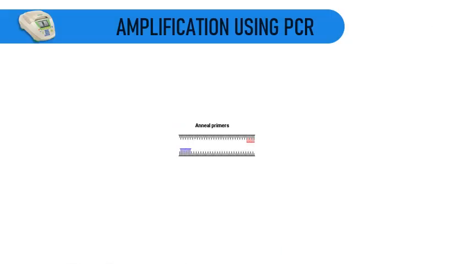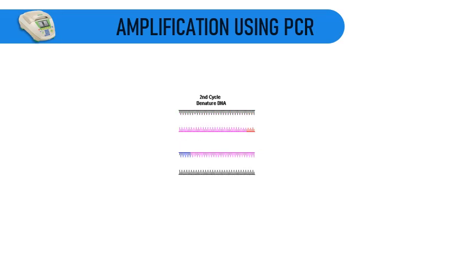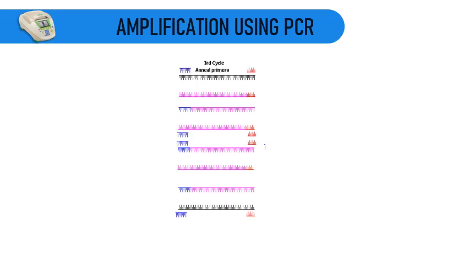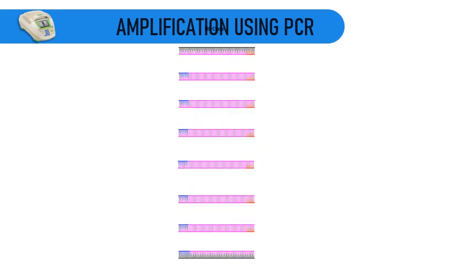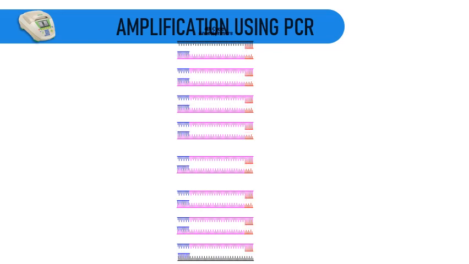Polymerase chain reaction, or PCR, is a method of making multiple copies of a DNA sequence using the enzyme DNA polymerase in vitro. It helps to amplify a single copy or a few copies of DNA into thousands to millions of copies. PCR reactions are run on thermal cyclers.